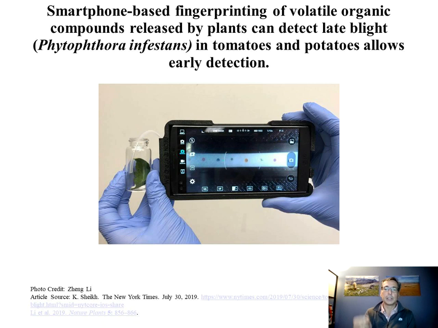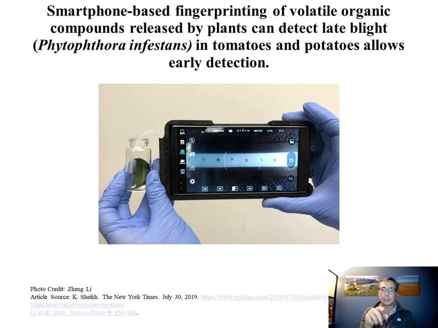So essentially you take a leaf, you put it into the little jar there, and while the leaf is respiring in the jar for 10 or 15 minutes, it's releasing volatile organic compounds, which have basically a signal that can be detected by the software in the phone.